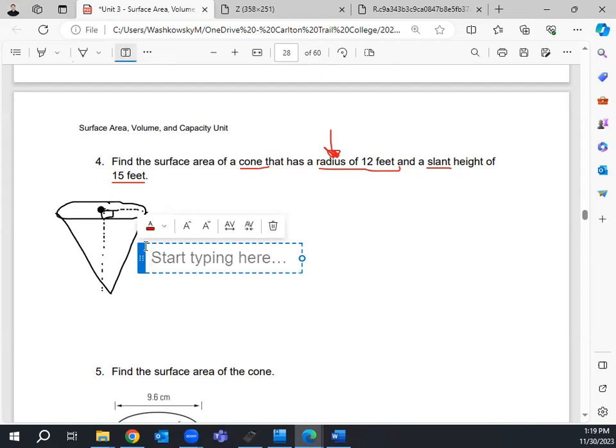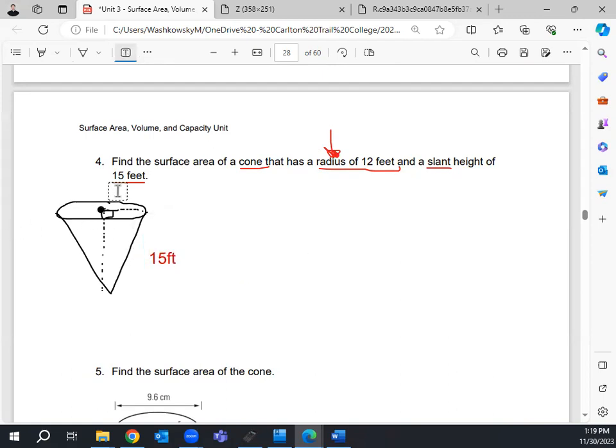Right, so my slant height, it tells me, was 15 feet. The radius, it told me, was 12 feet. I don't know what the height of it is. I know what the slant is.